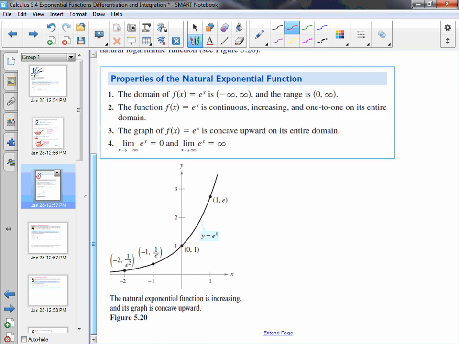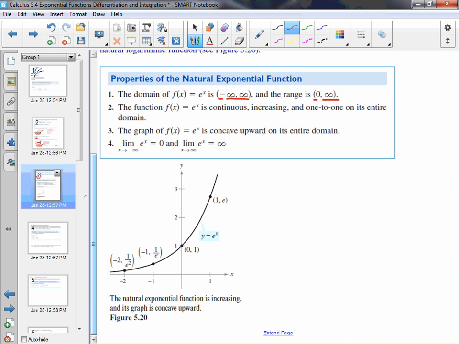The domain of f of x equals e to the x is from negative infinity to infinity, but its range is from 0 to infinity. What was the range of the natural log function? That. And what was the domain of the natural log function? That. They traded, didn't they?